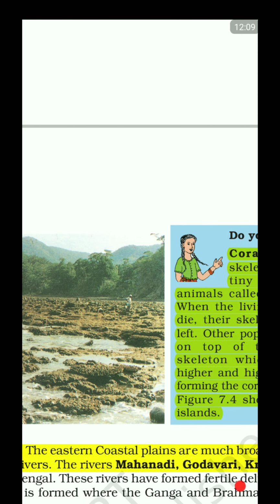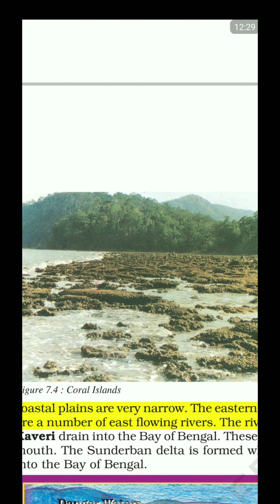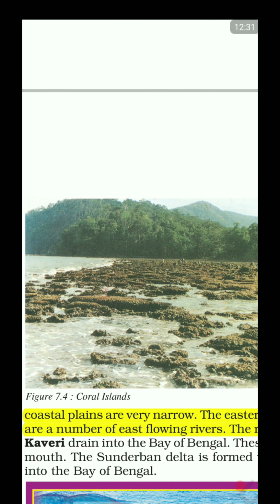So when this polyp dies, upon this limestone case where they protect themselves, another polyp comes and starts to live, and when it dies, a kind of mound starts to develop, as you can see in the picture here. These are the coral islands, right?